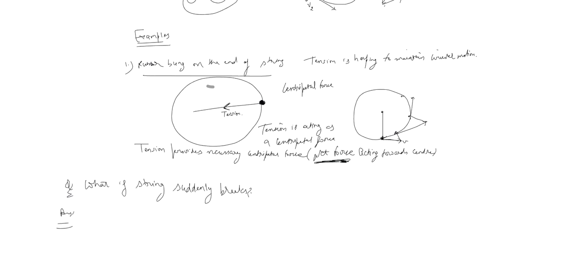There will be no tension in this string, and the particle, or object, will fly off at a tangent to the circle.